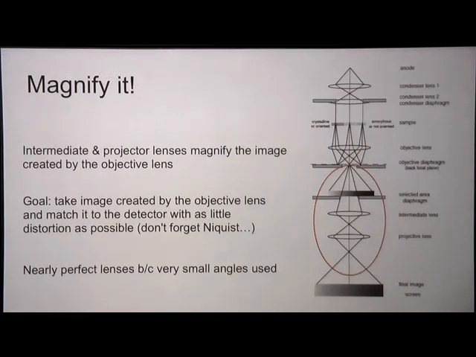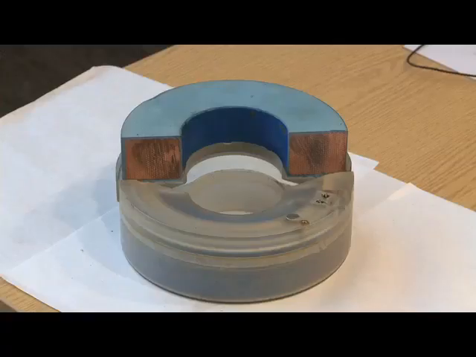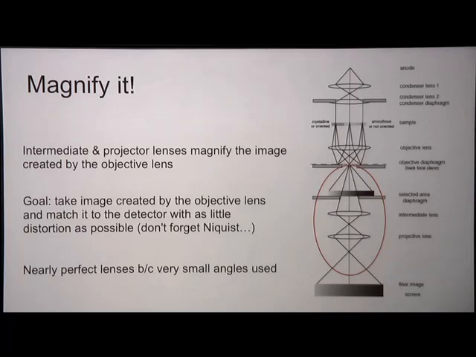So what do we have to do with the image now? Well, we have to magnify it. As it turns out, the focal length of this lens is actually fairly short. It's a few millimeters, so the magnification there is not very high. We're trying to look at atoms here, right? The good news with electrons is that it's very easy to magnify them. You use a lens like this, which is called the intermediate lens, and another projector lens, to simply take the image that came out of the initial objective lens and spread it out so that it's magnified.